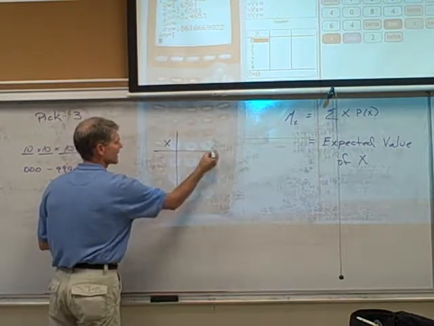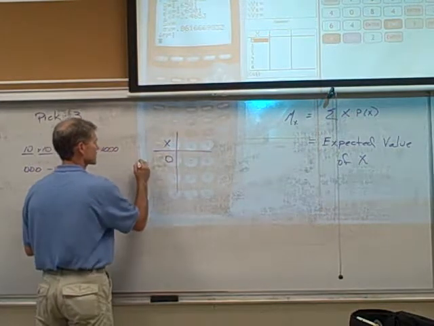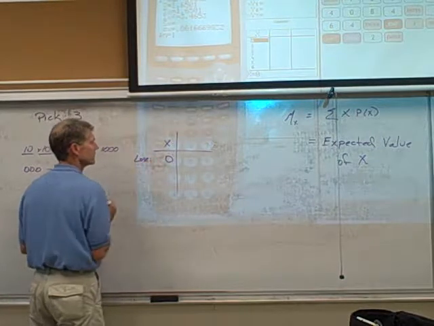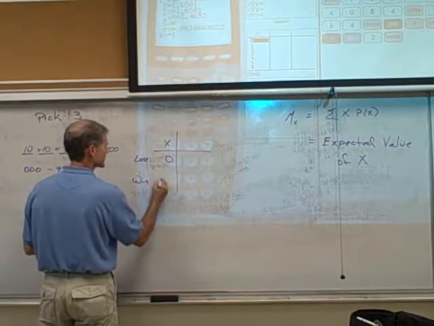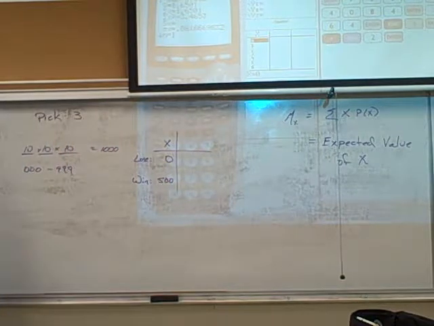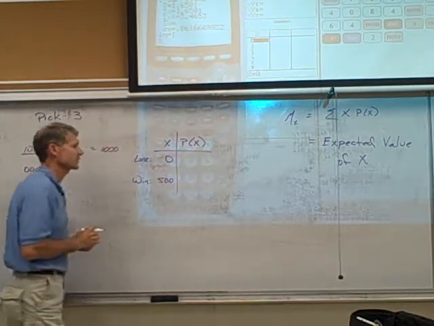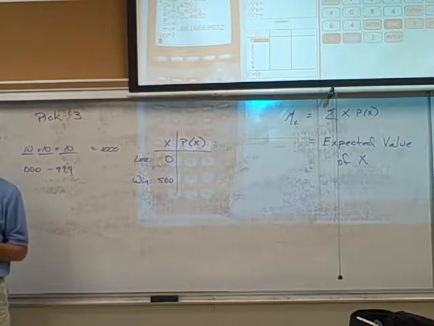So let's let the random variable x represent your winnings. If you don't match, you lose, which means you don't win anything. You win 0. So if you lose, x is 0. If you win, x is $500. Okay? This is a probability distribution with only 2 possible values for x, 0 and 500.